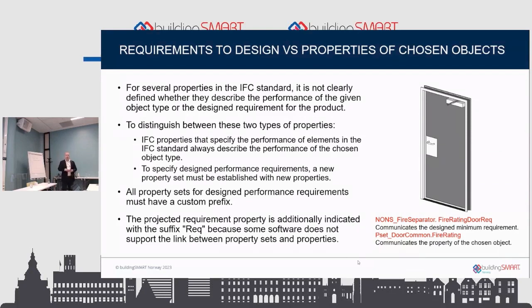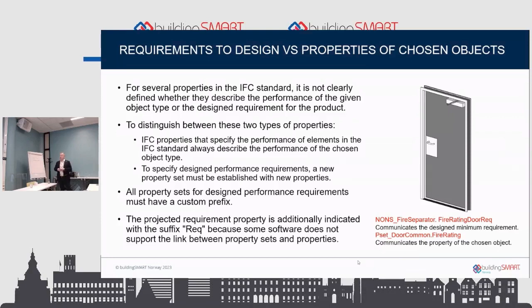If you have a wall in a corridor, you can have different acoustic and fire requirements for each of the rooms, but the contractor may choose to build it with the highest requirement all the way down, simply because it's easier. But if you want to refurbish after 10 years, you want to see what the requirements are. So you don't always build with the highest requirements, and we need to differentiate between those.